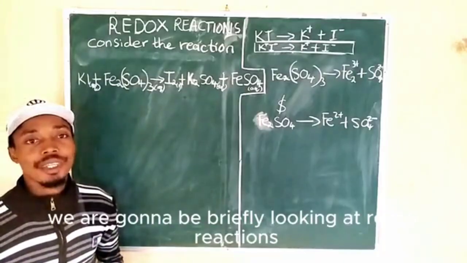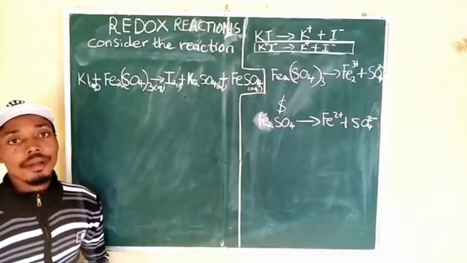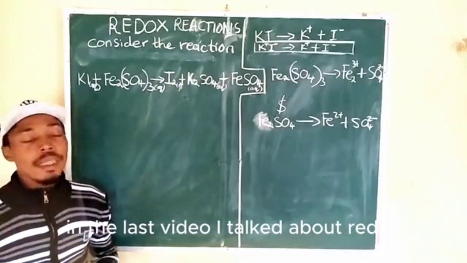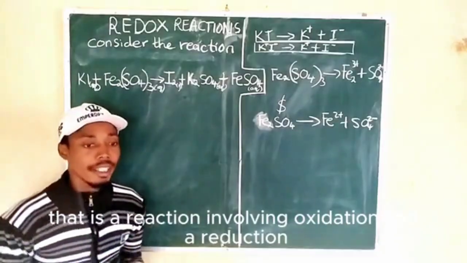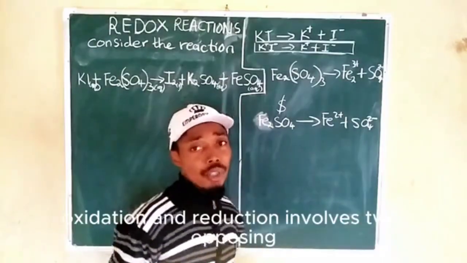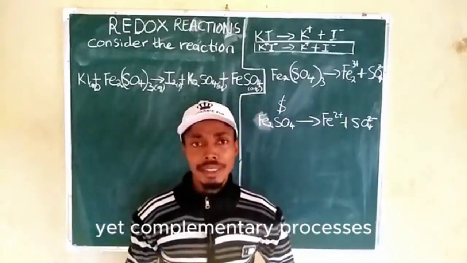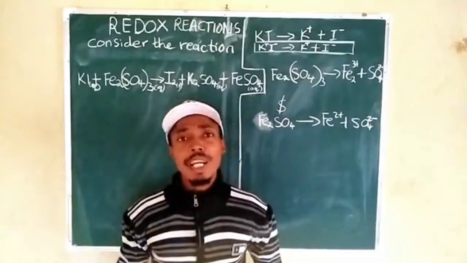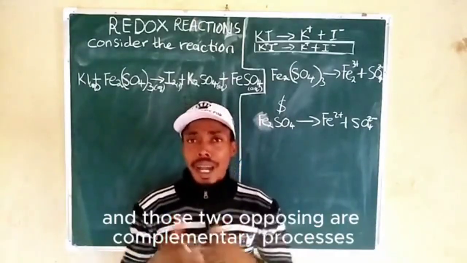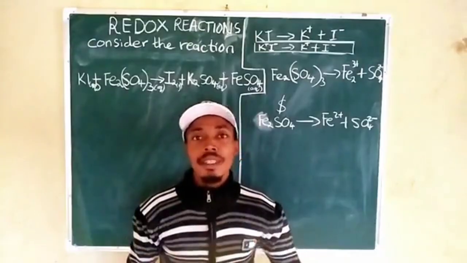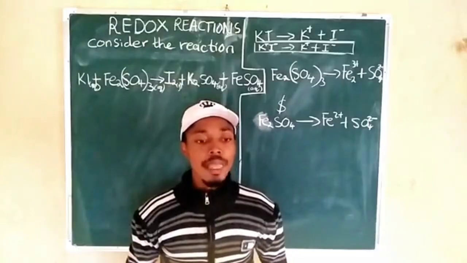In today's class, we are going to be briefly looking at redox reactions. In the last video, I talked about redox, that is a reaction involving oxidation and reduction. A redox reaction involves two opposing yet complementary processes: one is oxidation, the other is reduction.